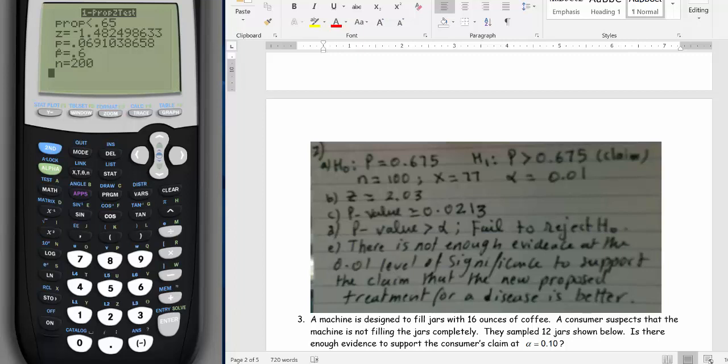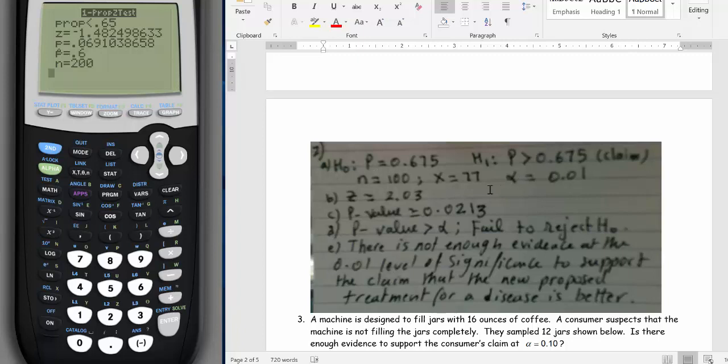So he wants to know if it is better. So that means if the proportion p is greater than 0.675, which is the claim. As I told you in the previous exercise, the null hypothesis must have the equal sign. You have n equals 100, x is 77, and alpha is 0.01.